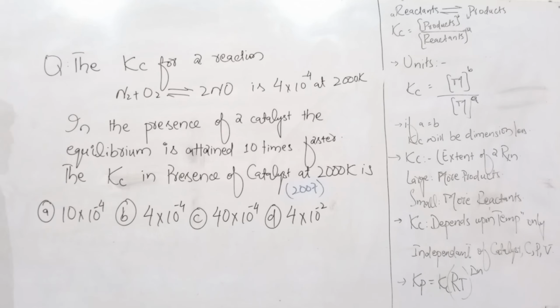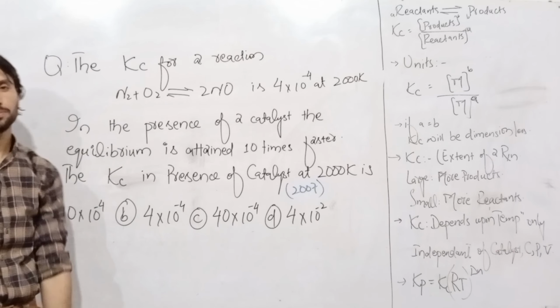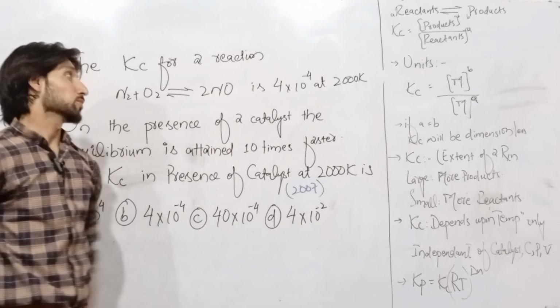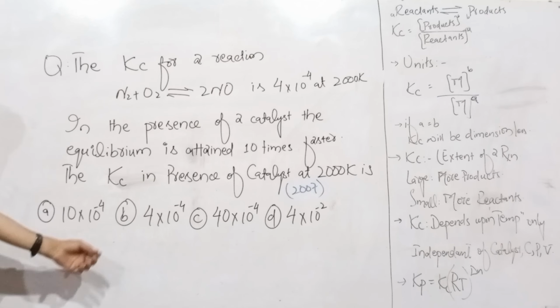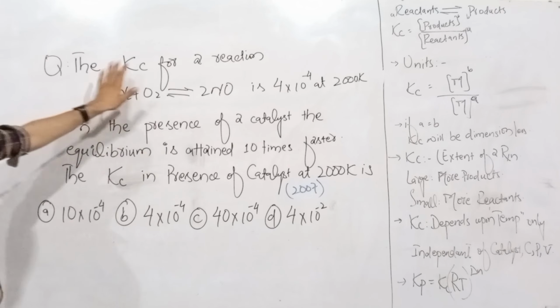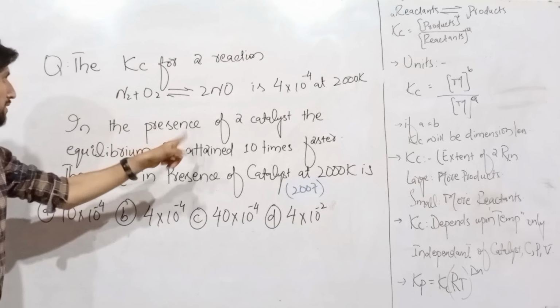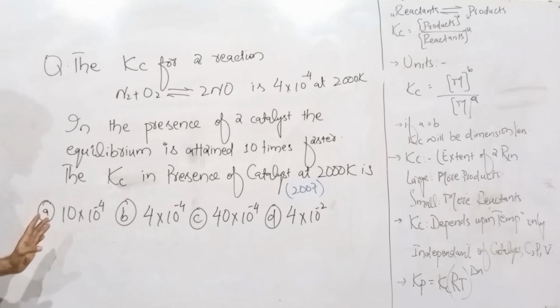So the question is: the Kc for a reaction in which N2 and O2 combine to form 2NO is 4 multiplied by 10 to the power minus 4 at 2000 Kelvin. So at a certain temperature, the value of Kc is this. Then, in the presence of a catalyst, the equilibrium is attained 10 times faster.